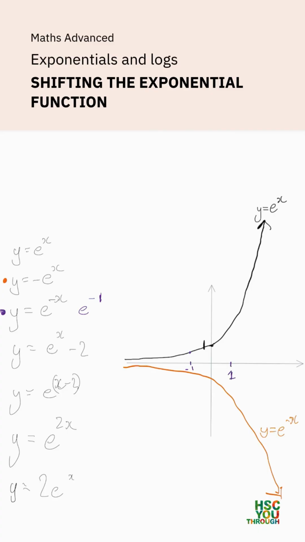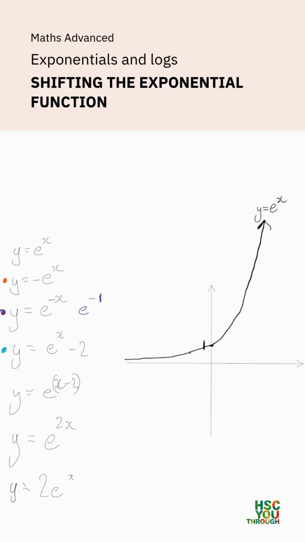So we can understand all these as a reflection in the y-axis. It's going to be something like this. Identical properties. So that's your graph of y equals e to the minus x. Whenever you input a negative into the x, the functional spot, it's going to reflect it in the y-axis.